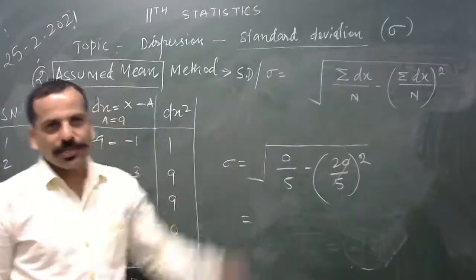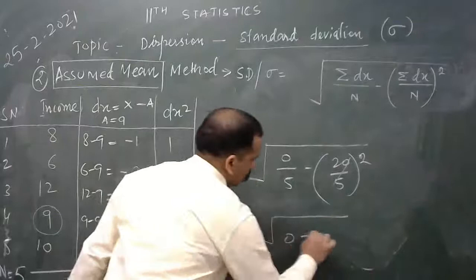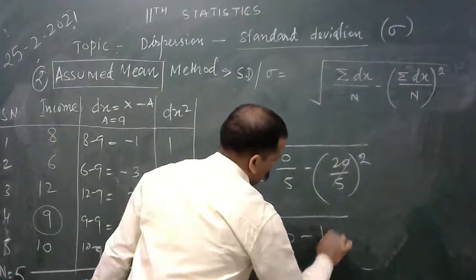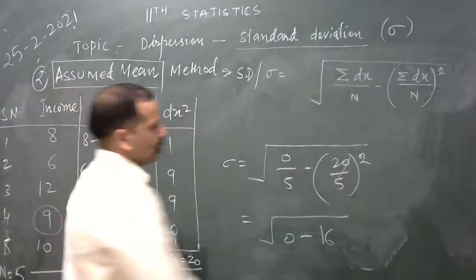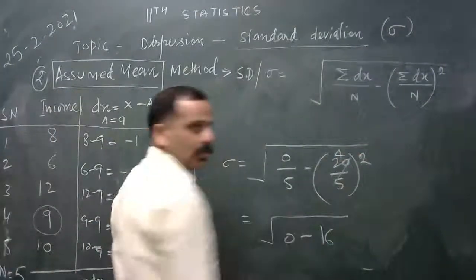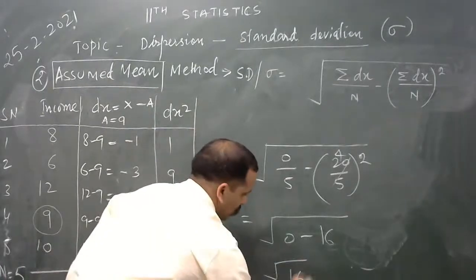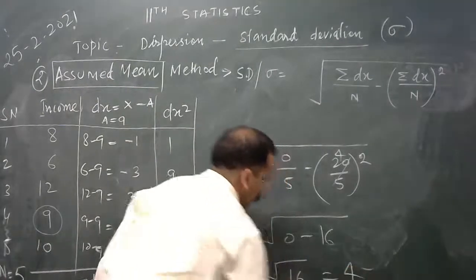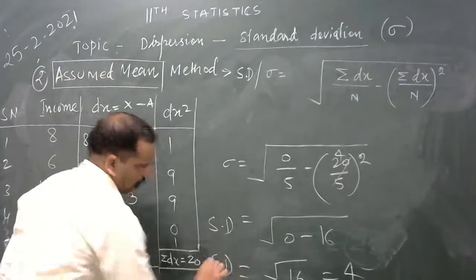Okay, put down your hands. 0 or 16. Now under root 16 equals 4. Your standard deviation is 4.